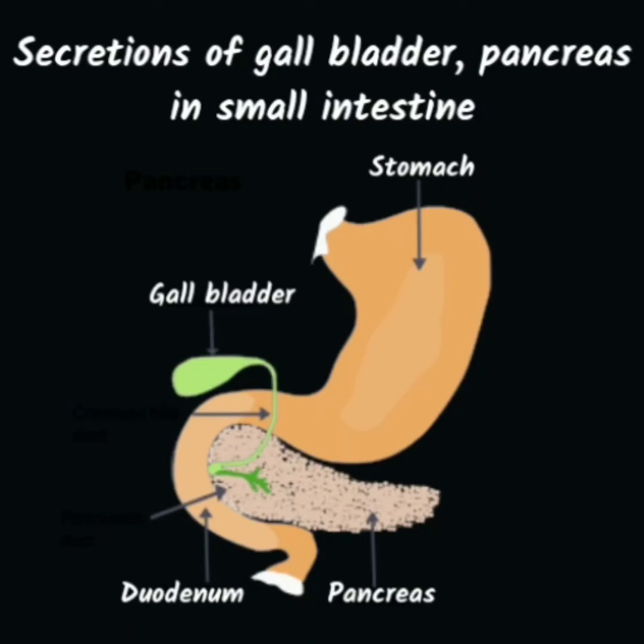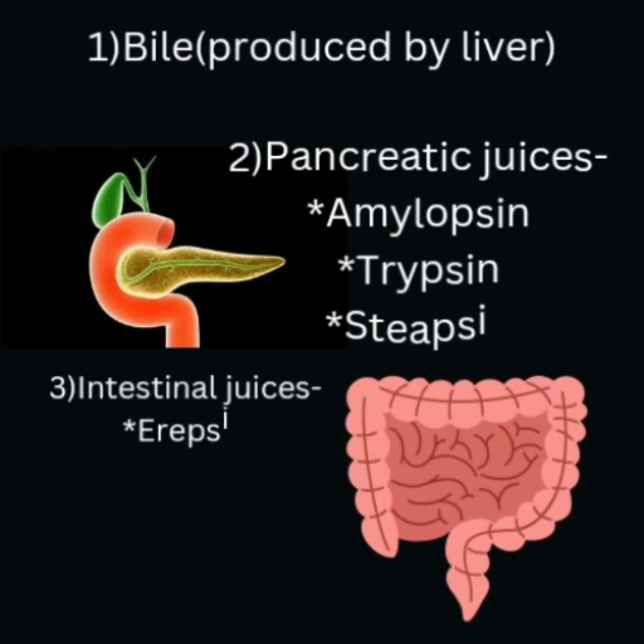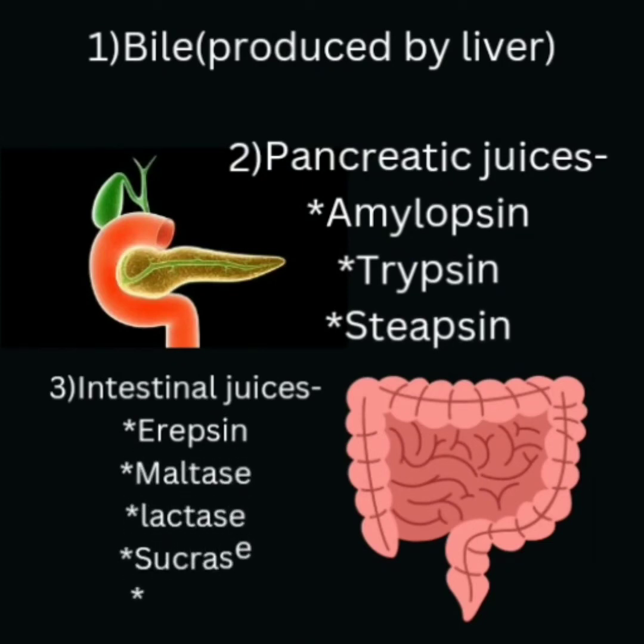Since these are the digestive glands which are indirectly involved in digestion, they release their secretions directly into the small intestine through a common duct called the hepatopancreatic duct, where the bile juice as well as the pancreatic juices and the intestinal juices act and the breakdown of all the food items takes place. Bile juice, which is produced by the liver, is secreted into the small intestine.